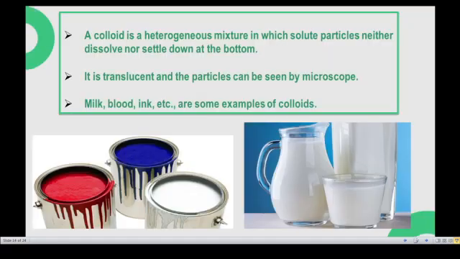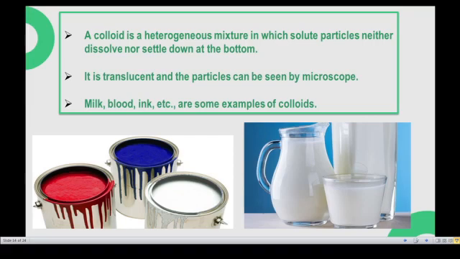And what is meant by colloid, students? A colloid is a heterogeneous mixture in which solid particles neither dissolve nor settle down at the bottom.